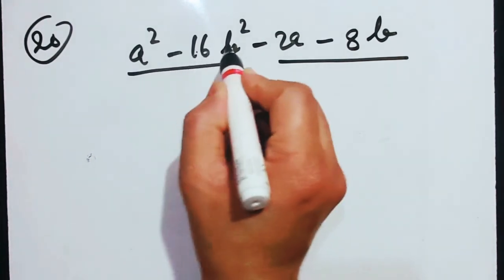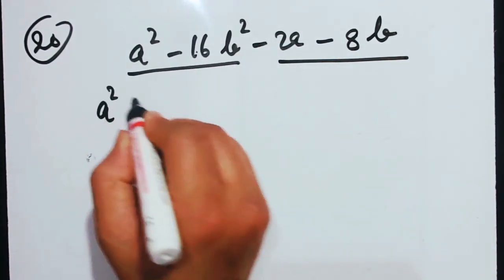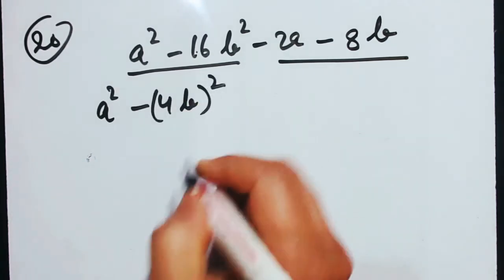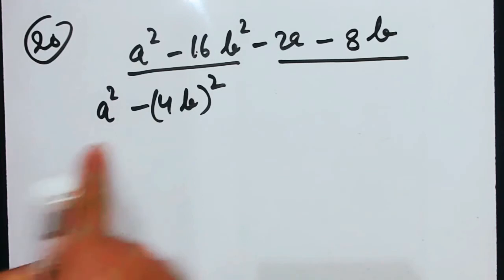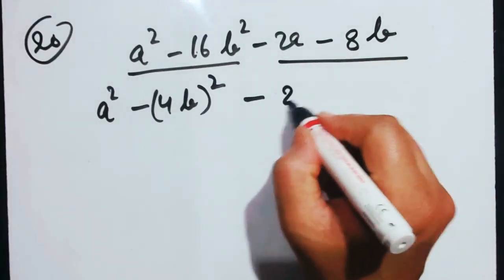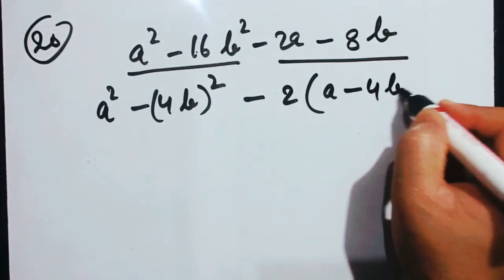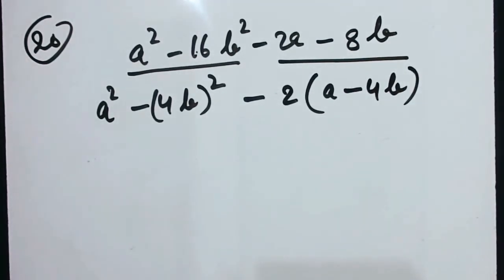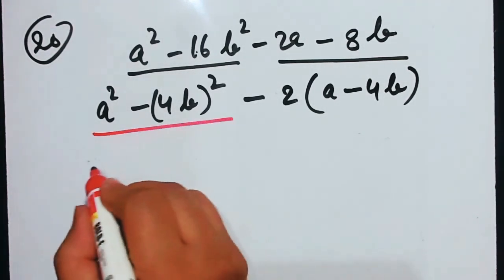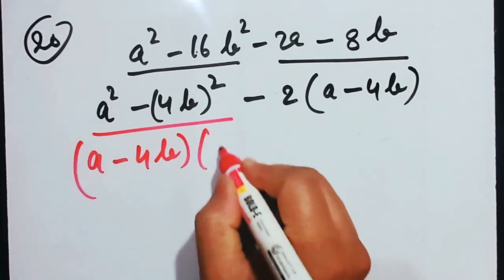A square minus 16b square can be written as a square minus 4b whole square. This means you have the liberty to break this into factors. Here if you take 2 as common, you will get a minus 4b. Now this a square minus 4b square can be broken as a minus 4b times a plus 4b.